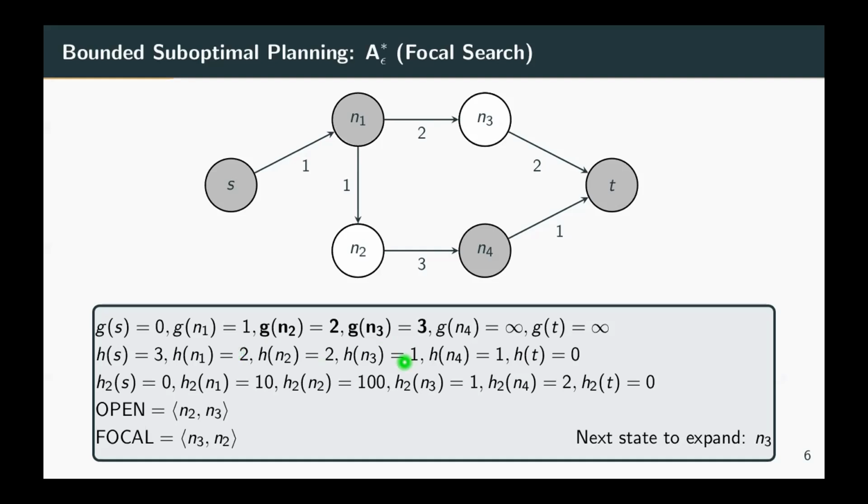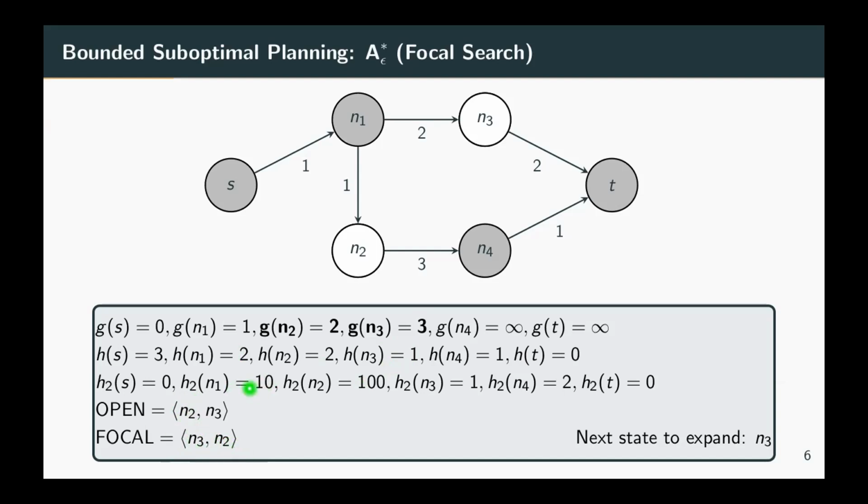And that also means that independent of our epsilon value, our focal list will have the same elements, because the lowest value is 4. We will at least include all the ones that have 4, which is always N2 and N3. Now, one big difference is that the focal list is also a priority queue that is ordered by our H2 function.